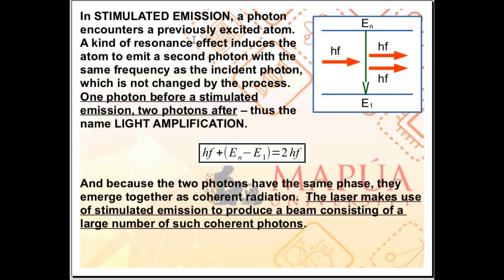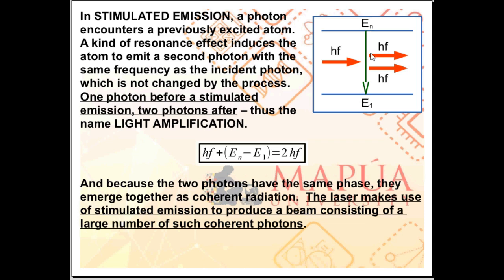stimulated emission: you have a photon of energy hf, frequency f, and that photon encounters an atom that's already in its excited energy state En. If that photon stimulates the atom to emit a photon, the atom goes back to a lower energy level, say the ground state energy of the atom.